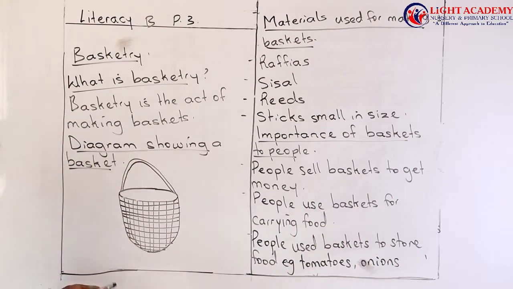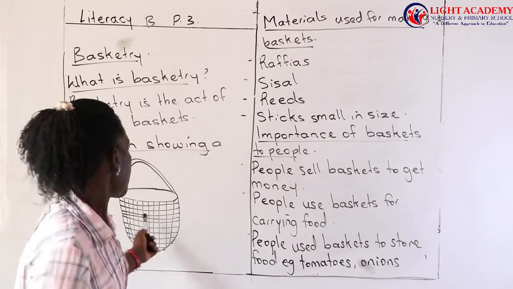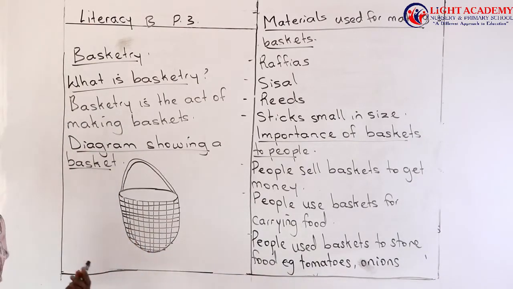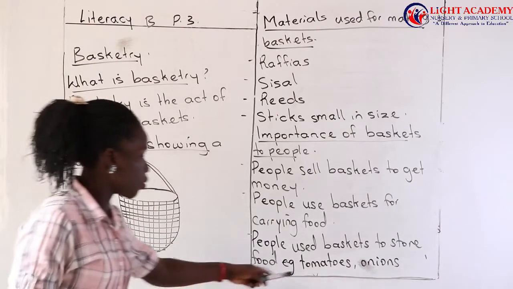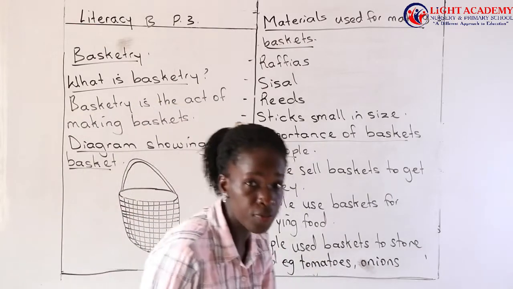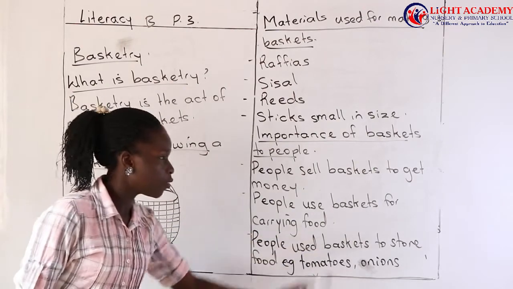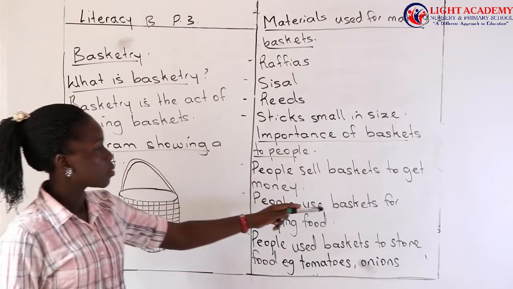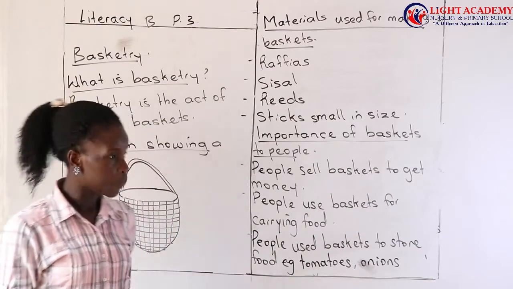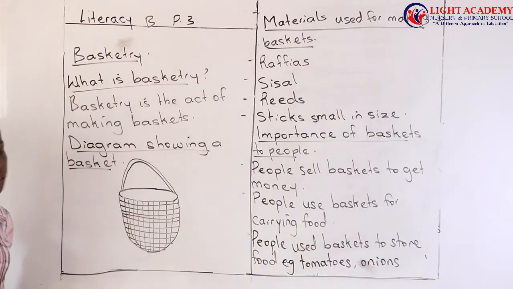To prevent them from getting spoiled. Air passes through the baskets, and that oxygen keeps these kinds of foods fresh. So baskets are used to store food. They can also be used for carrying food. They can also be used to get money when they are sold. So those are the uses of baskets, or the importance of basketry.